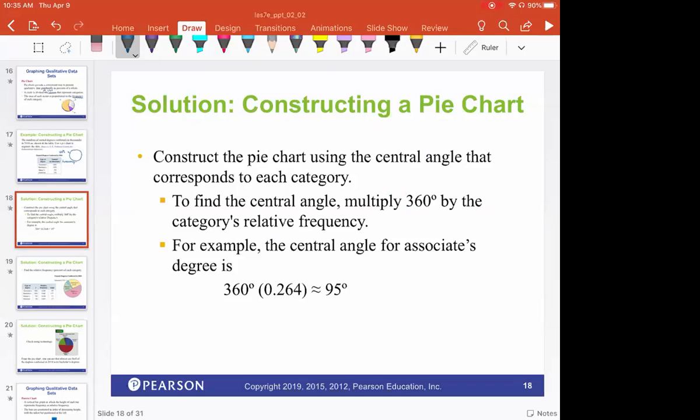Find the central angle by multiplying 360 degrees by the category's relative frequency. For example, the central angle of an associate's degree is 360 times 0.264. You might be asking, where did this number come from? So we're going to take each relative frequency and multiply it by 360. And that's going to give you the degree of each slice.